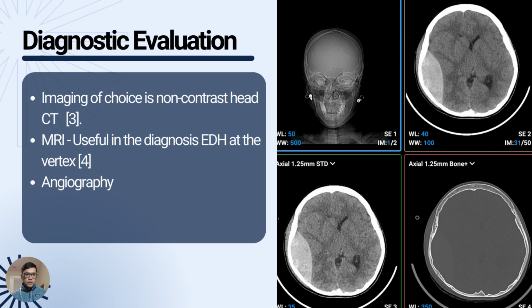So, diagnostic evaluation: the imaging of choice is non-contrast head CT because of its speed, relative simplicity, and widespread availability. MRI has a higher sensitivity, but it's unsuitable for unstable patients due to its slow process, and it's not widely available.